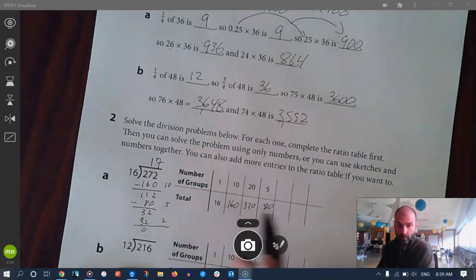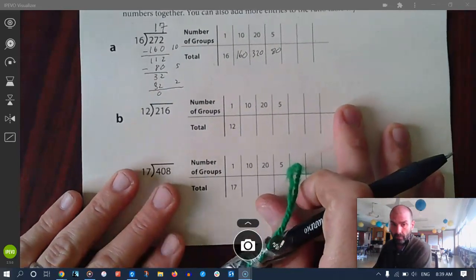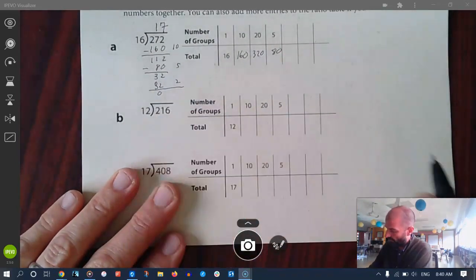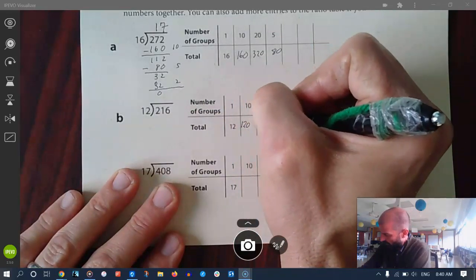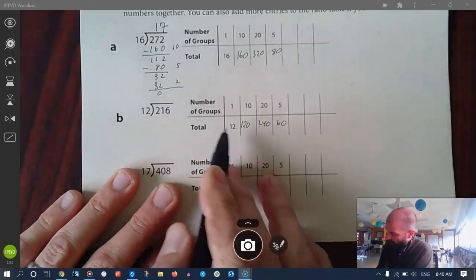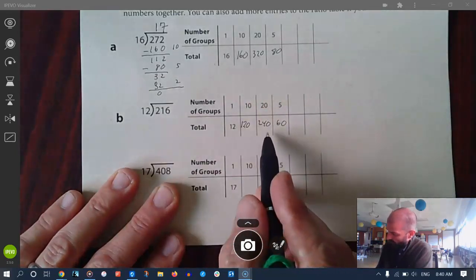Here we got 12, we have 216 divided by 12. 120, 240, 60. So 240 is just a little bit too much. It's not too much though.